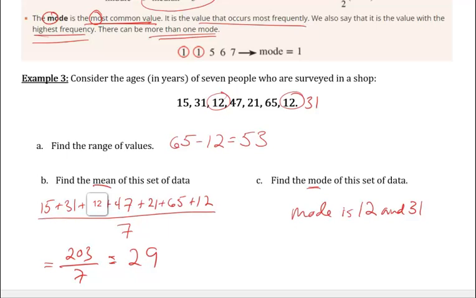You're allowed to have two modes. But if I had another 31, then the mode would become 31. But as the data sits, there's two 12s. That's the most frequent. So that's our mode.